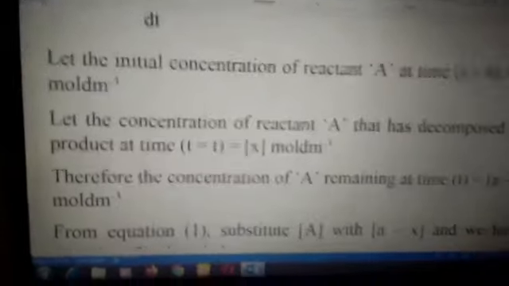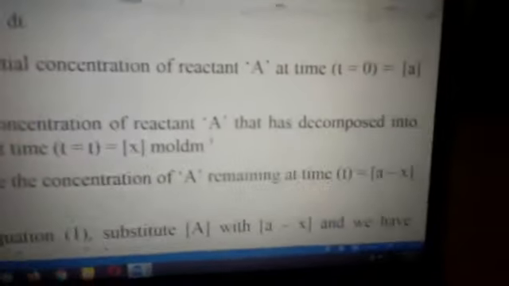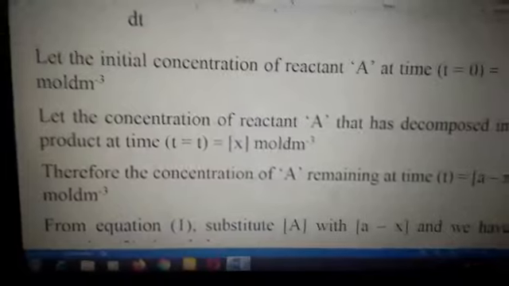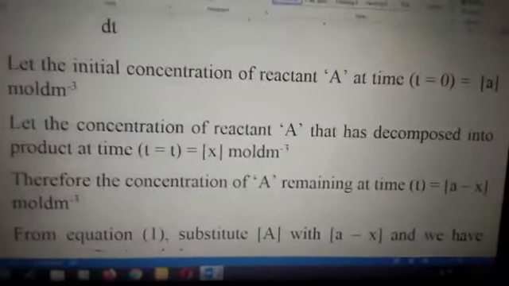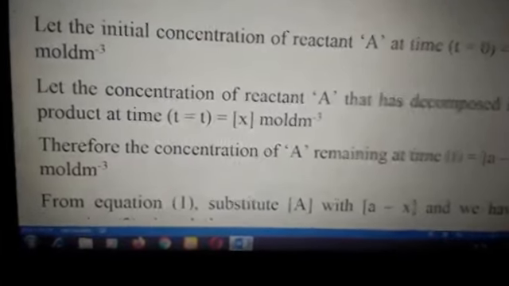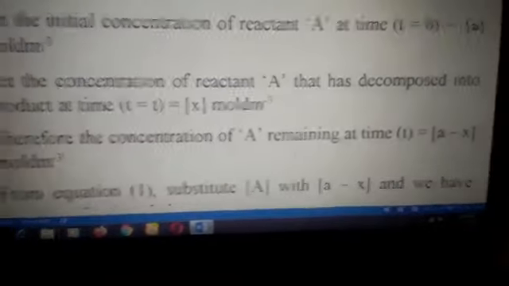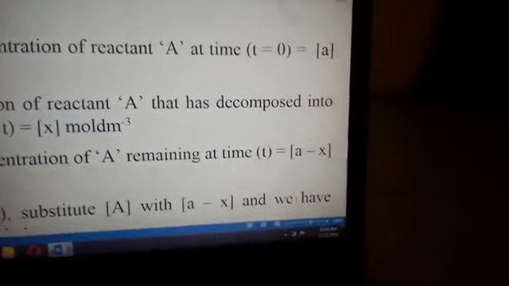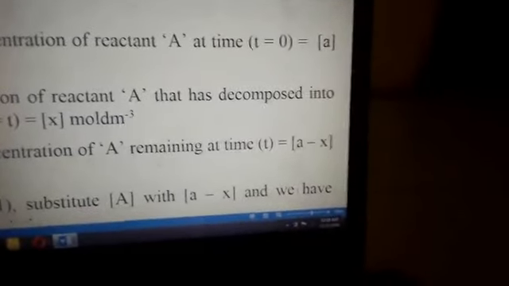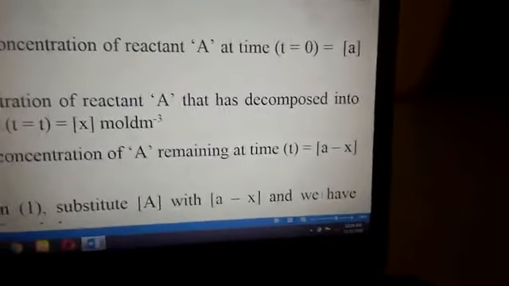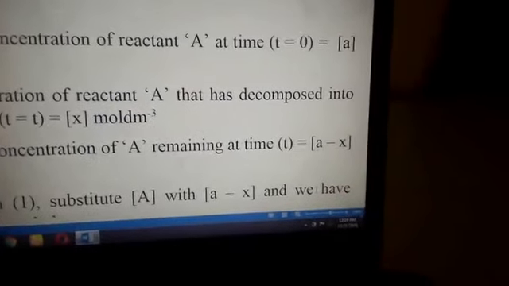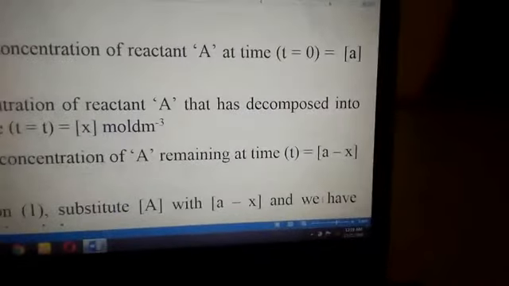So we say, let the concentration of the reactant A that has decomposed into the product at time T be equal to S mole per dm³. Therefore, the concentration of reactant A remaining at time T will become small a, which is the original concentration, minus S, which is the concentration of A that has decomposed.